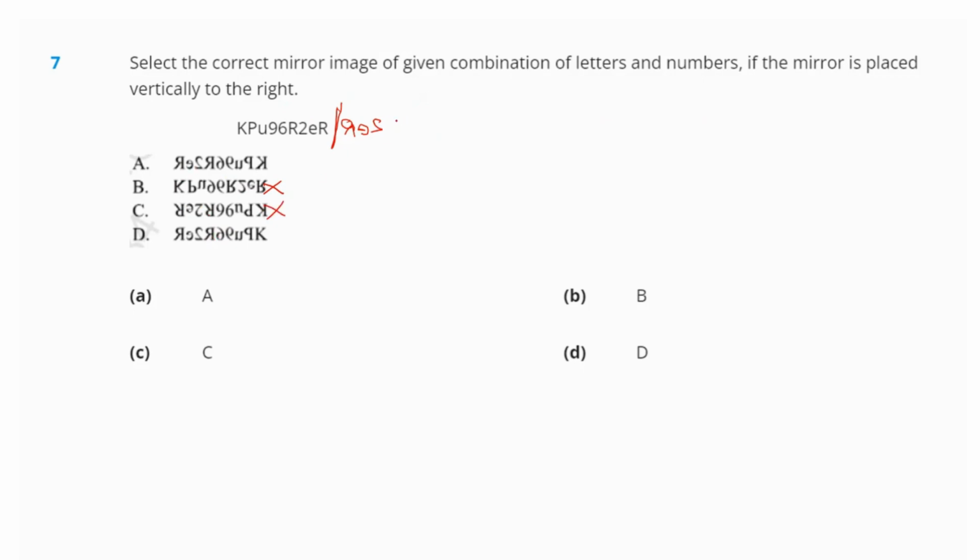The other R will again be this way. Then 9 will be like this. Then 6 will be like this. 9 will be this. Then 2.